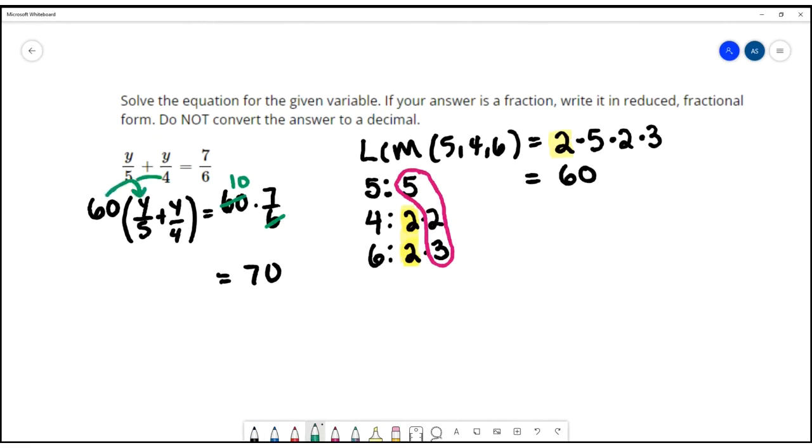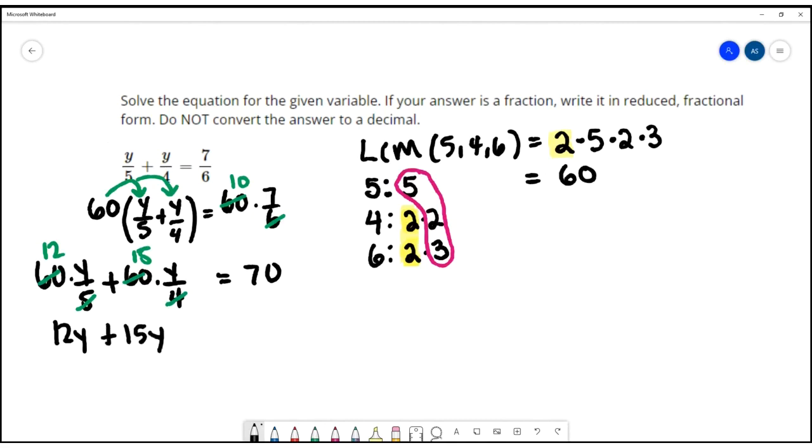I'm going to distribute that 60 to both terms. We have 60 times y over 5 plus 60 times y over 4. 5 divides evenly into 60 12 times, so we get 12y. 4 divides evenly into 60 15 times, we get plus 15y equals 70. 12 plus 15 is 27, so we have 27y equals 70.